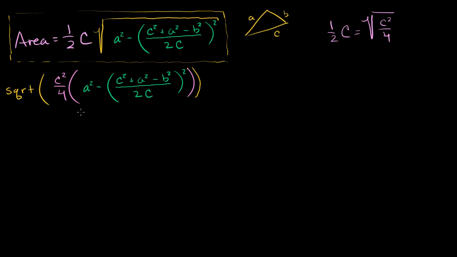Now let me distribute the c squared over 4. This is going to be hairy, but I think you'll find it satisfying to see how this could turn into something as simple as Heron's formula.